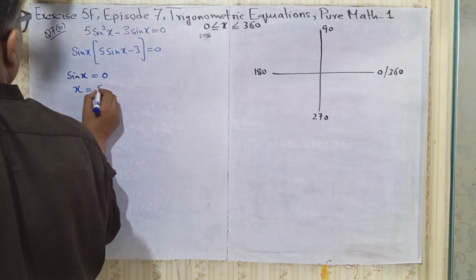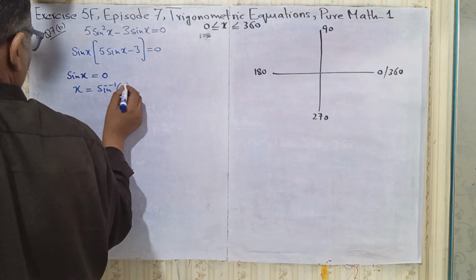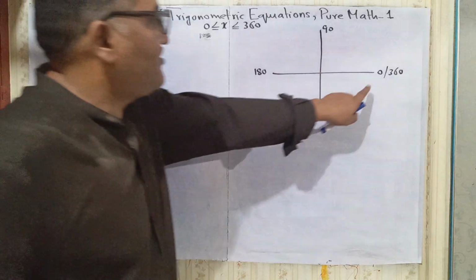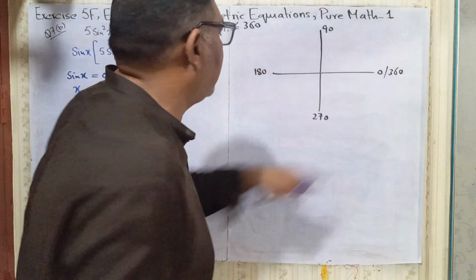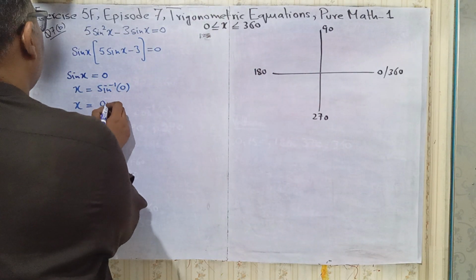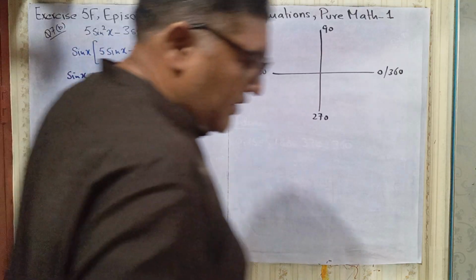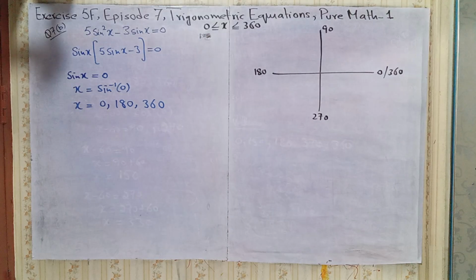So x will be equal to the sine inverse of 0. The sine is 0 at 0, at 180 and at 360. So its answers will be 0, 180 and 360.